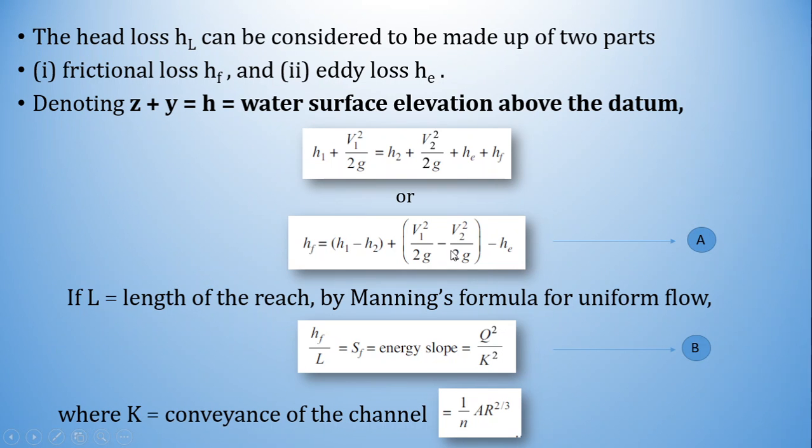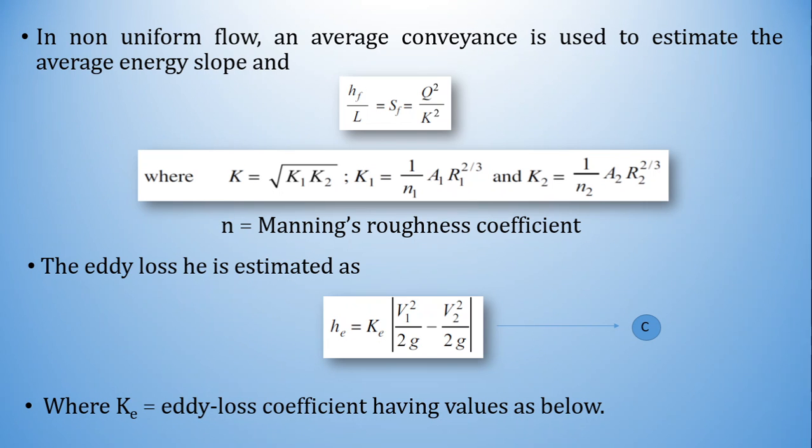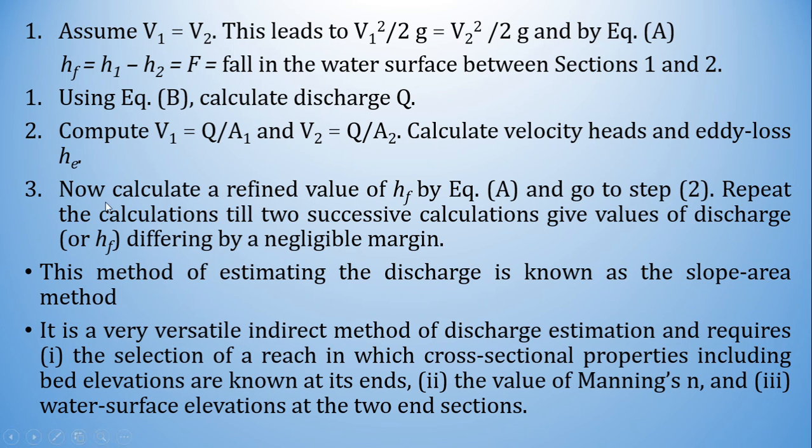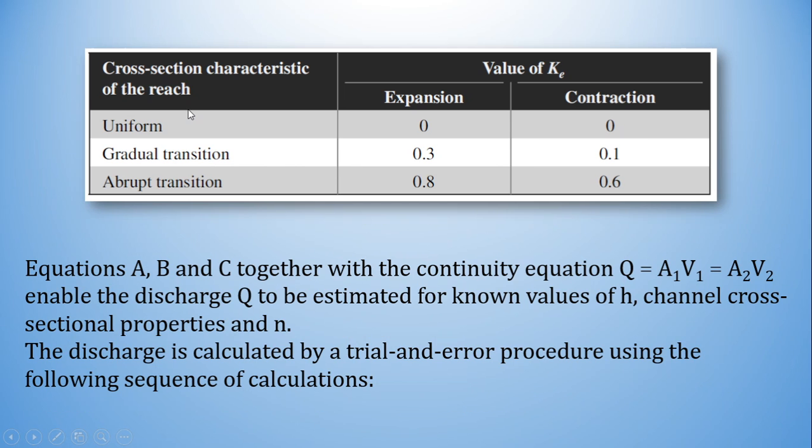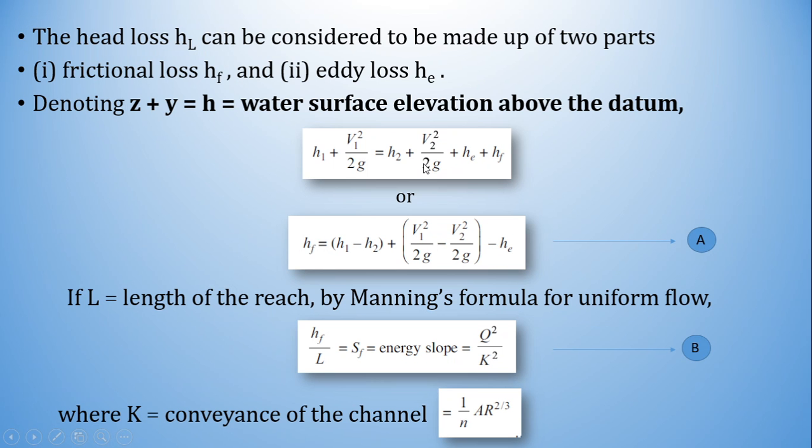Here, this total term will be 0, isn't it? By equation A, HF is equal to H1 minus H2 is equal to F, the fall in the water surface between section 1 and 2. Using equation B, calculate discharge Q. Once you get HF, you can find out the discharge by using this particular formula.